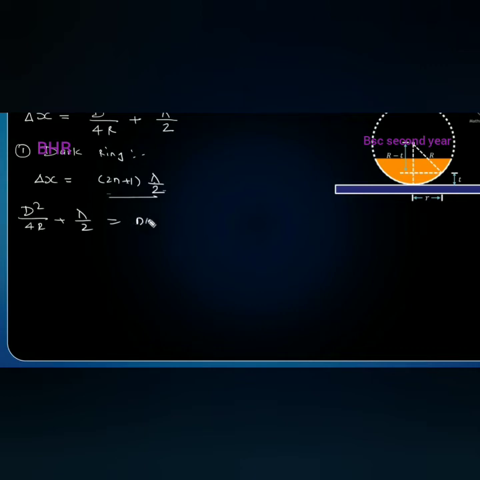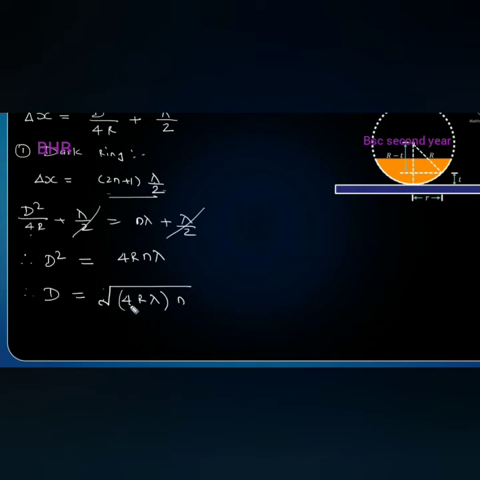Now simplifying this equation, we get D square is equal to 4R n lambda. Therefore D equal to square root of 4R n lambda. In this equation, capital R is the radius of curvature of the plano convex lens, lambda is the wavelength of incident light and small n is the number of the ring.